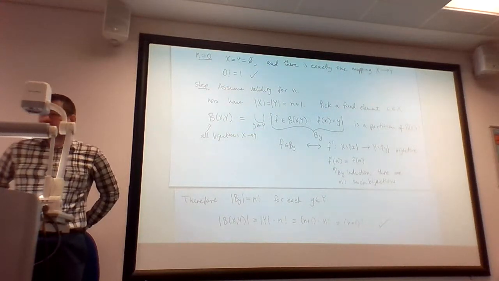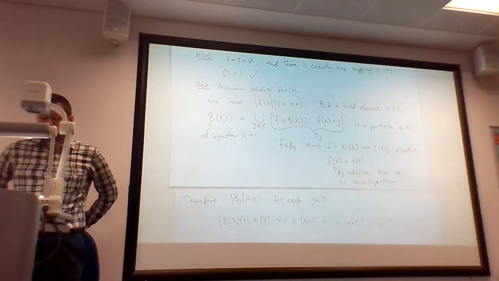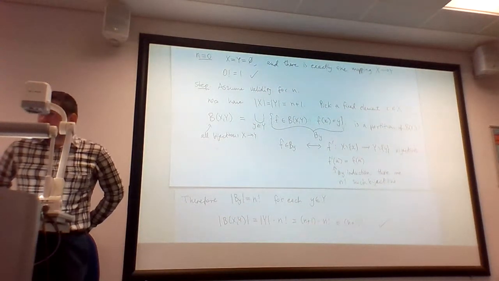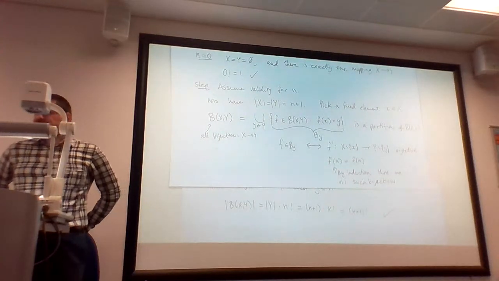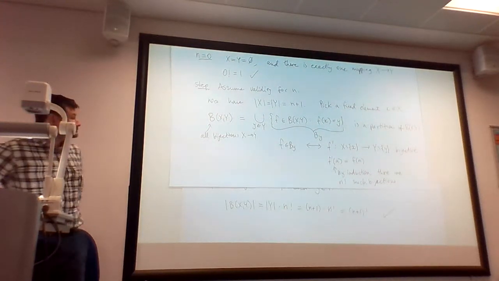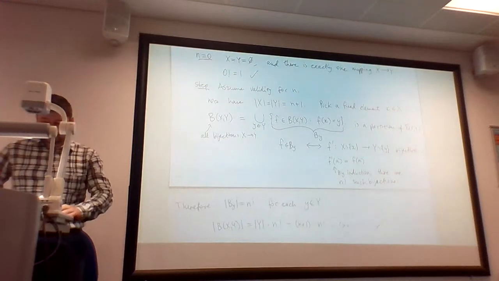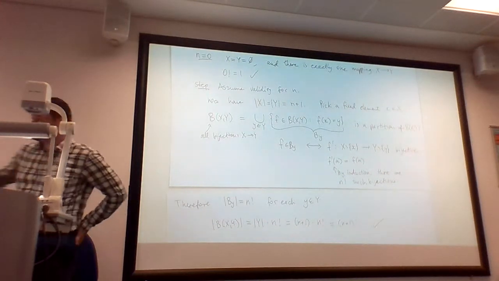I think we might say something about why there's exactly one mapping from the empty set to the empty set. If you ask yourself what a mapping is, at this kind of level, when you're doing very careful arguments about sets, mappings are themselves sets.